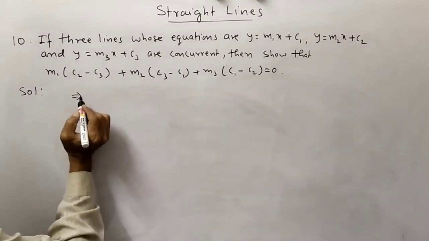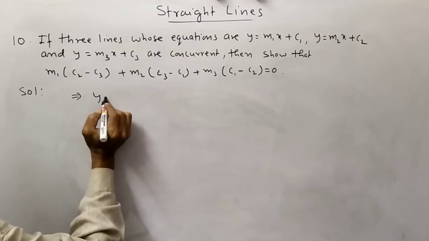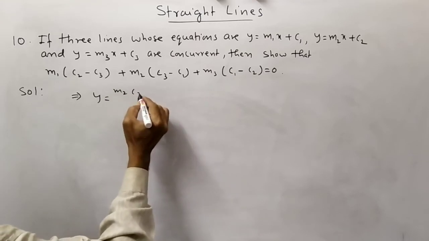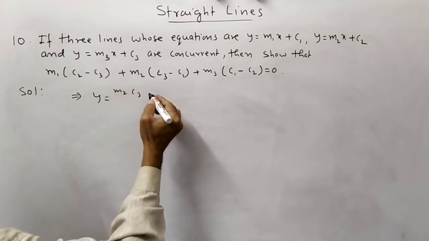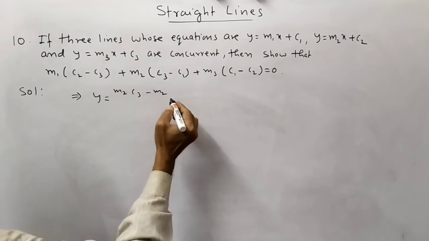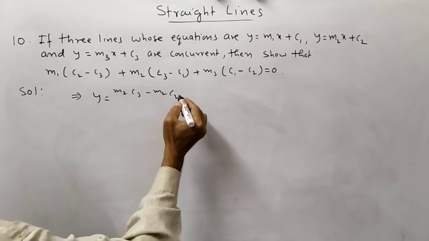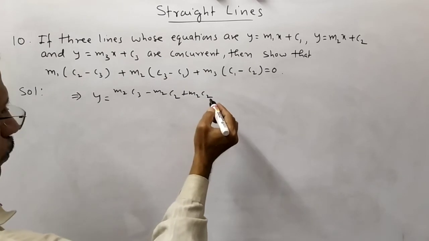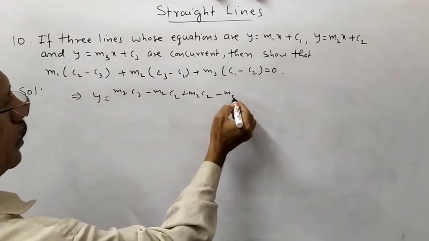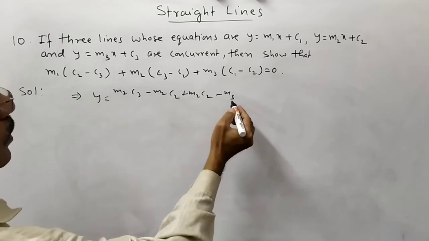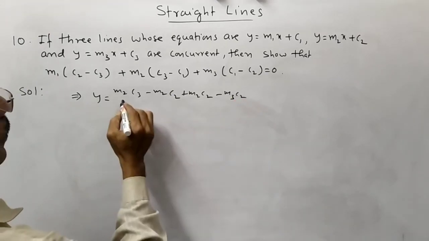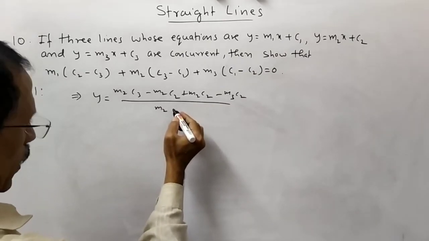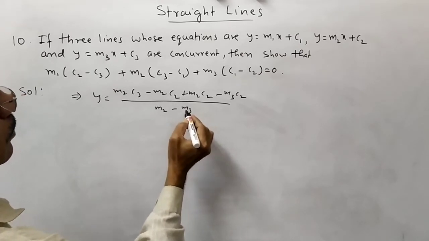Implies y is equal to m2 c3 minus m2 c2 plus m2 c2 minus m3 c2 divided by m2 minus m3.